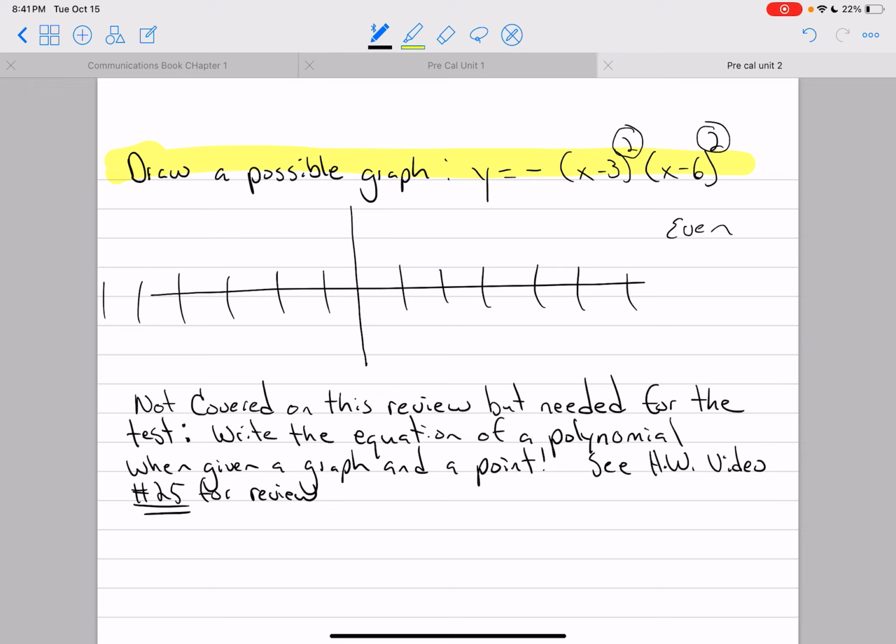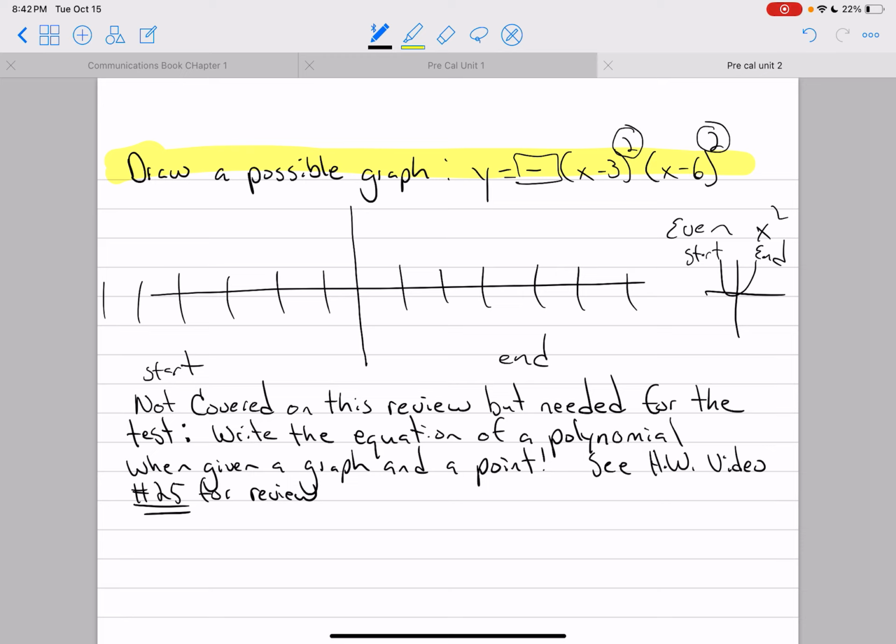So evens should start at the top, right? It should look like that. Kind of like x squared. So it should start up here and end up here. But this is negative. So my graph needs to start at the bottom and end at the bottom.